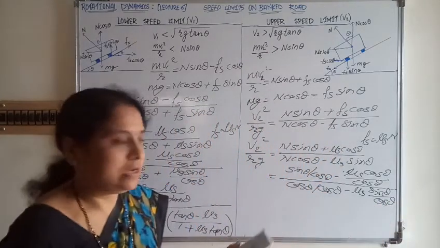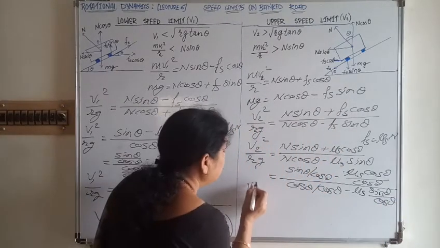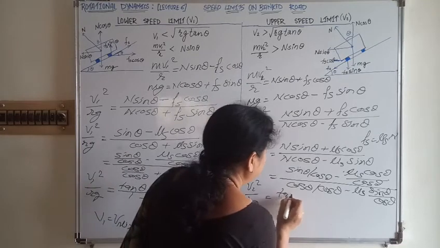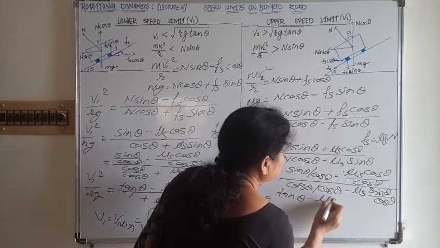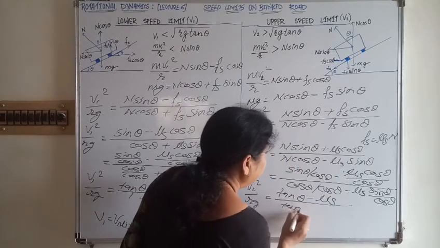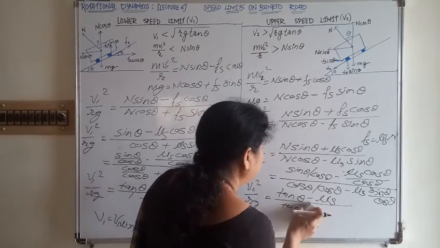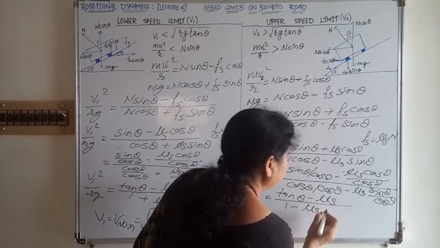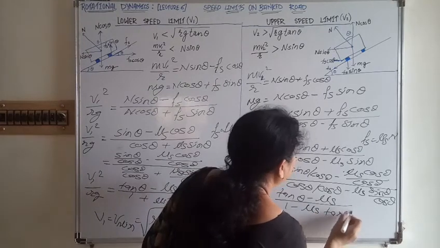See here, now you will get it clear. v2 square upon rg is equal to tan theta plus mu s, cos theta gets cancelled, and here 1 minus mu s tan theta.